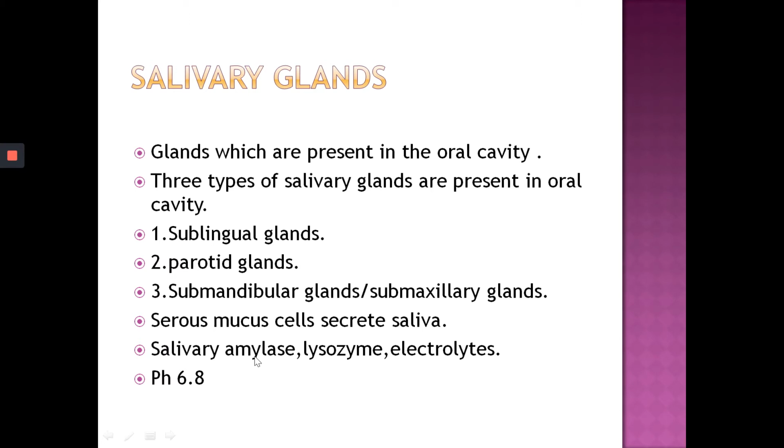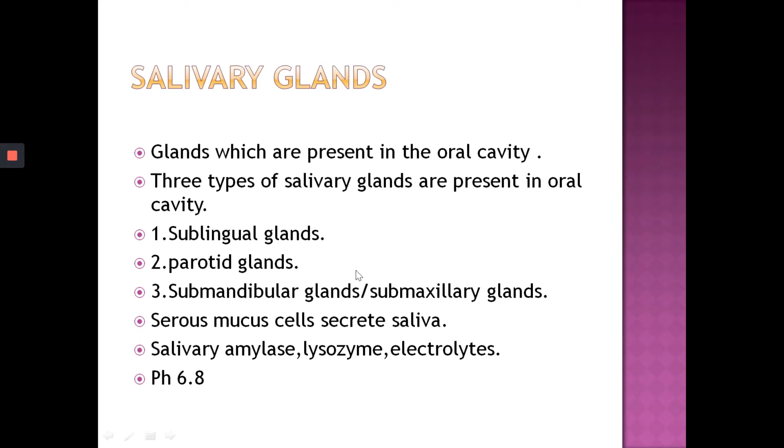Another name for salivary amylase is ptyalin. Some lysozyme and electrolytes are also present. The pH value of saliva is 6.8, which means it is slightly acidic.